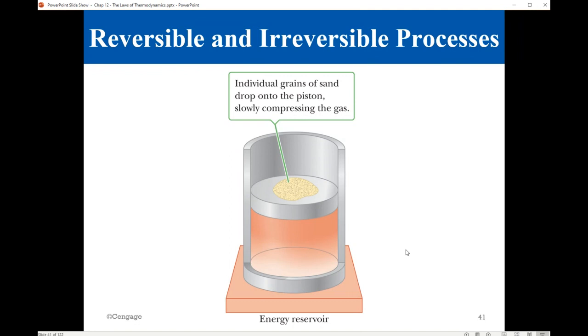You cannot reverse them. A reversible process is an ideal process. In real life, most processes that occur in thermodynamics are irreversible. You cannot reverse them.